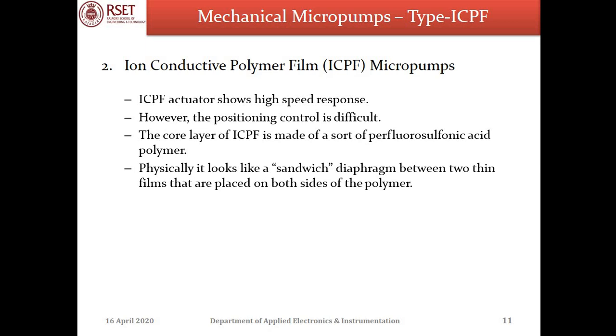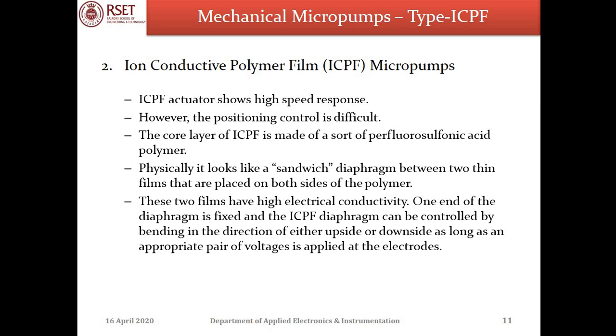So two thin layers of platinum are supported by the core layer. And then these two films have high electrical conductivity. One end of the diaphragm is fixed, and the ICPF diaphragm can be controlled by bending in the direction of either upside or downside as long as the appropriate pair of voltages is applied at the electrodes.